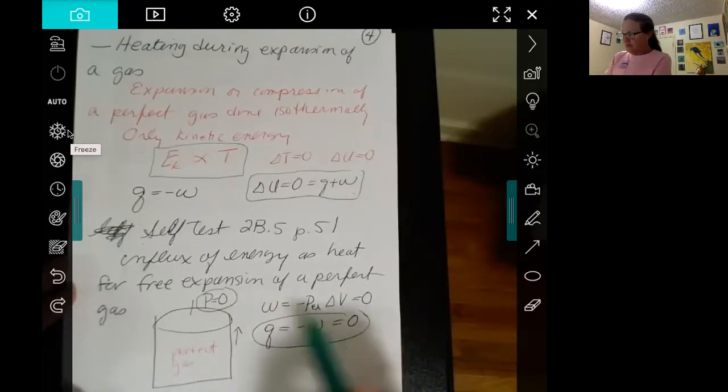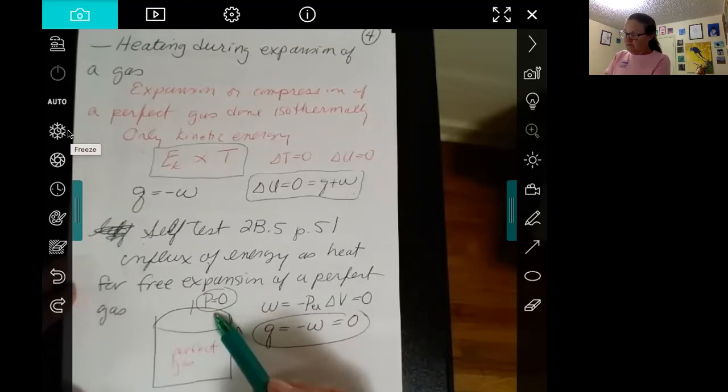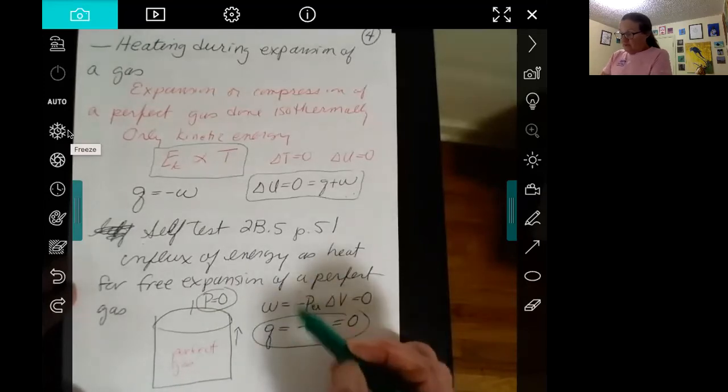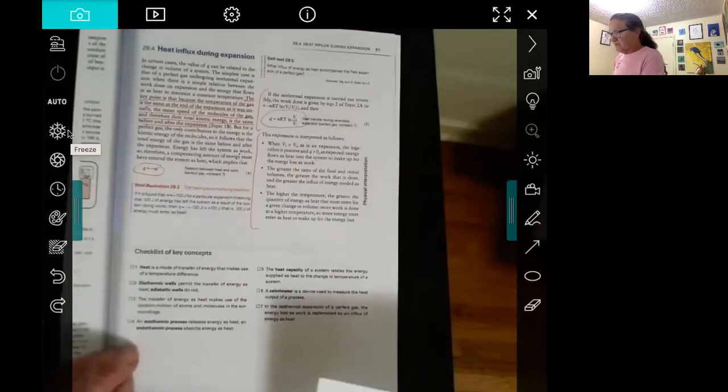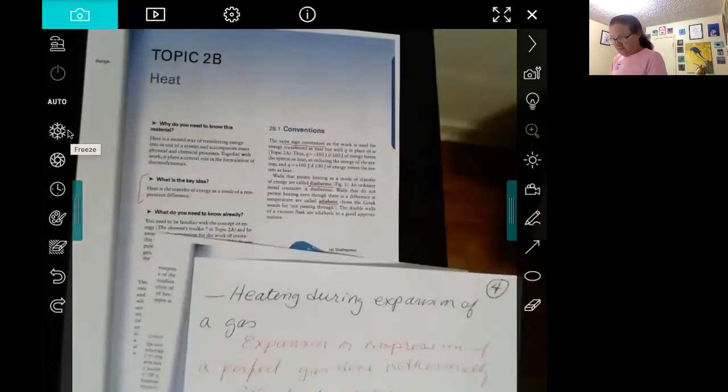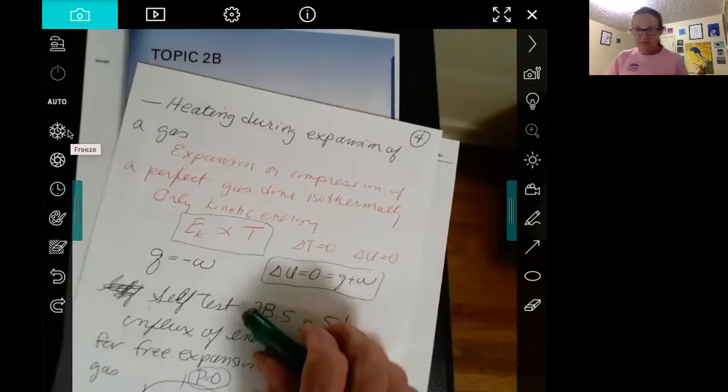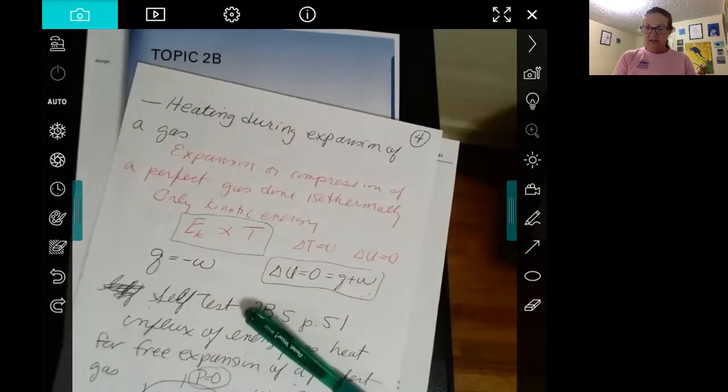There's a different amount of work against a vacuum, which is 0, versus some constant pressure versus reversibly, where the pressure stays equal to the gas pressure throughout the process. So that is it for heat. And we will come back and talk more about enthalpy in a second.